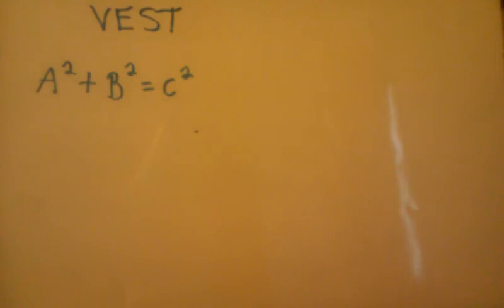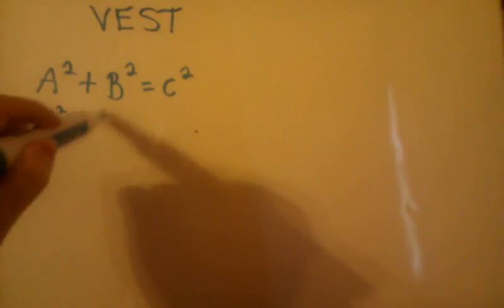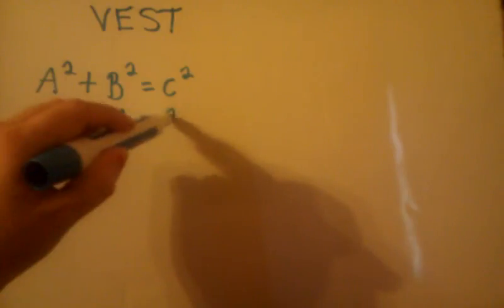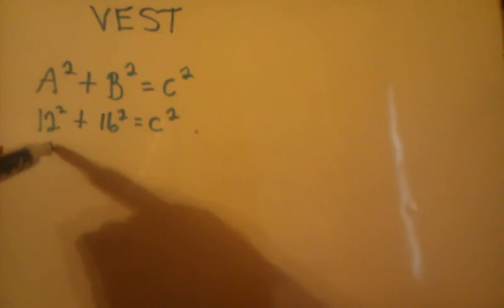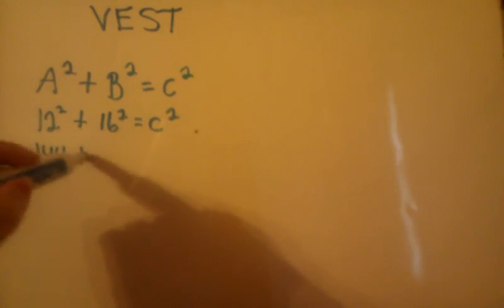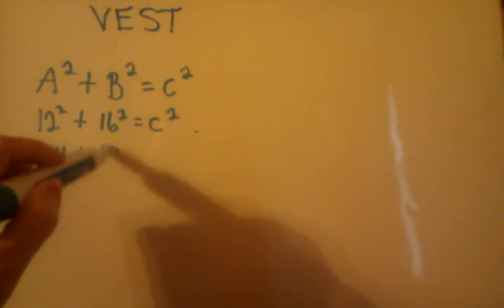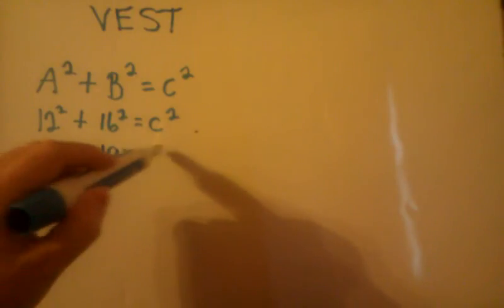I have 12 squared plus 16 squared equals c squared. Because with this formula, I only need to use the triangle ABC. I don't need the other numbers. Okay? So I have 12 times 12 is 144. 6 times 6 is 196 equals c squared.